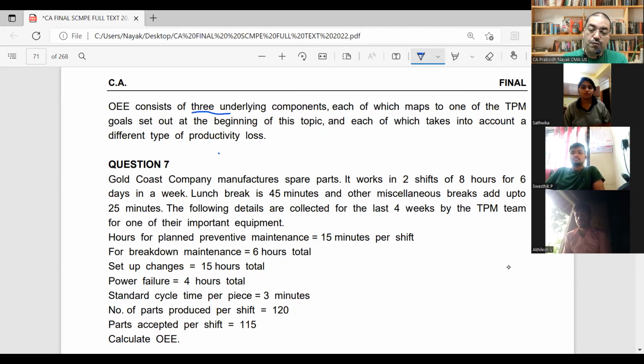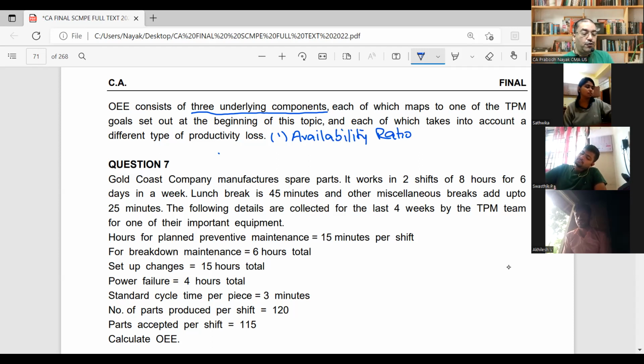There are 3 underlying components. The first one is the availability ratio. So we'll have to calculate all these ratios. Availability ratio, how to calculate?